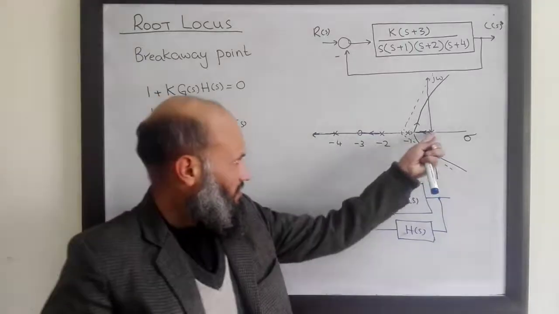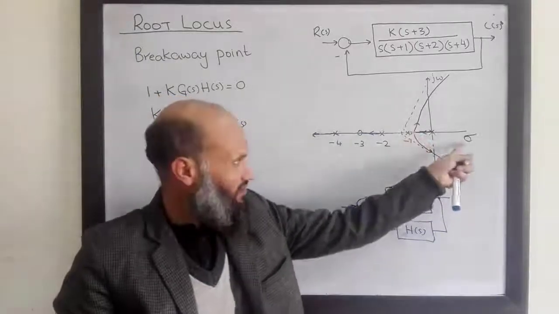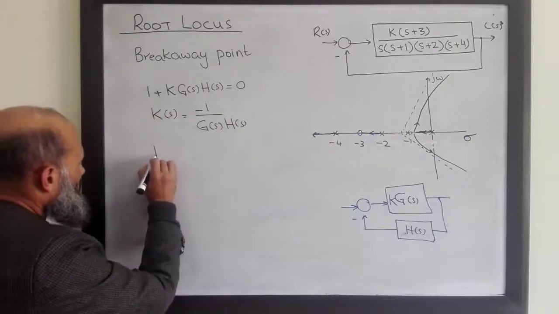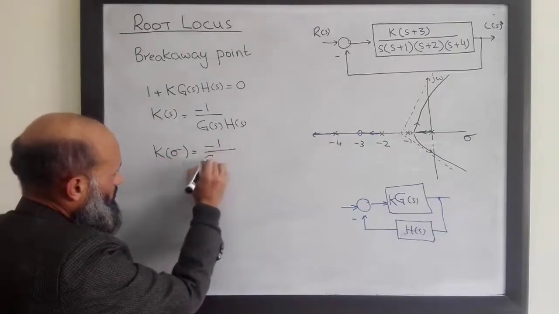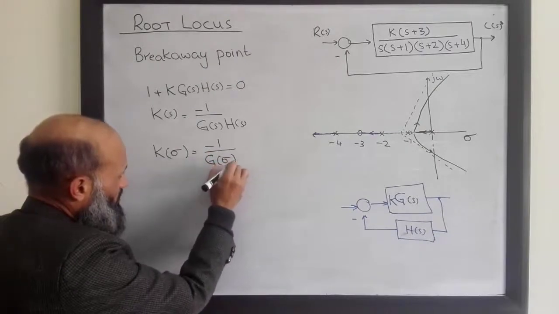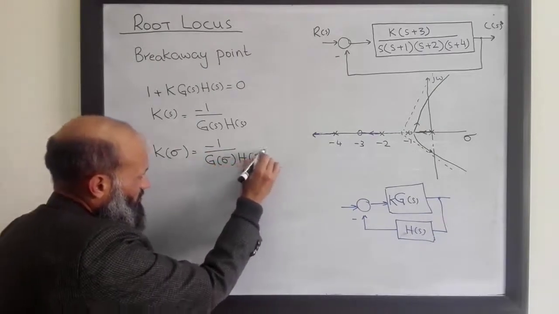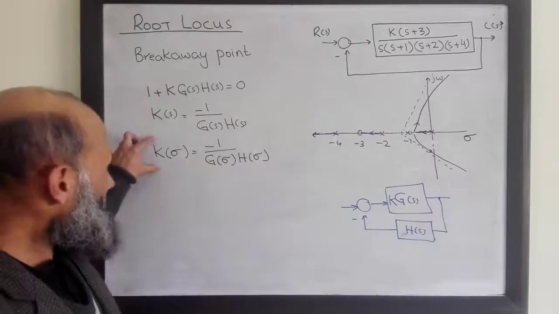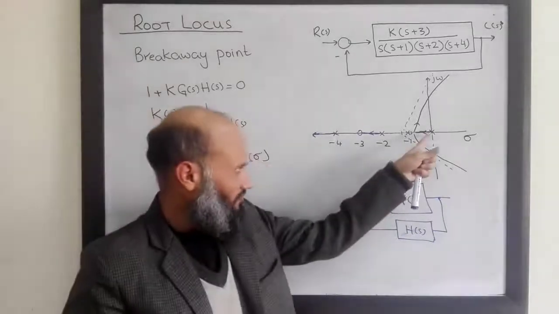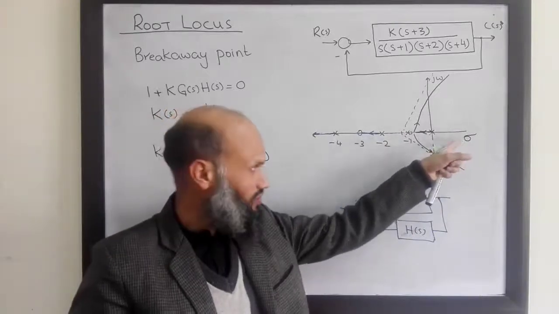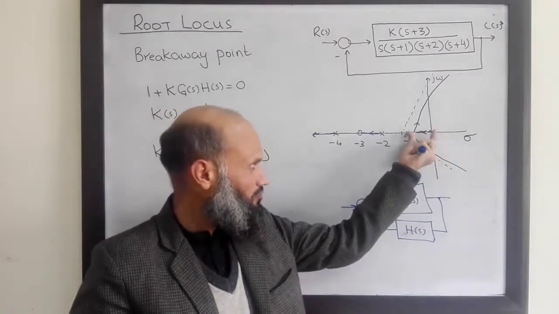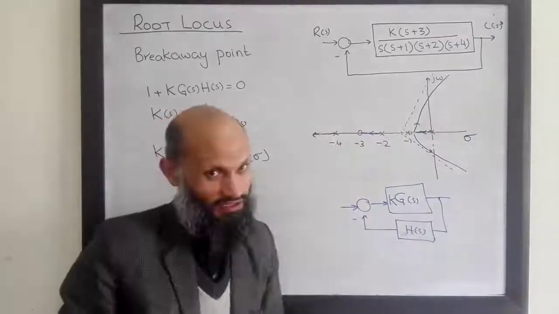On the real axis, s is equal to sigma, so k(sigma) is -1 over g(sigma) h(sigma). So this equation describes the part of the root locus on the real axis. We have substituted s equal to sigma, so that corresponds to the part of the root locus on the real axis.